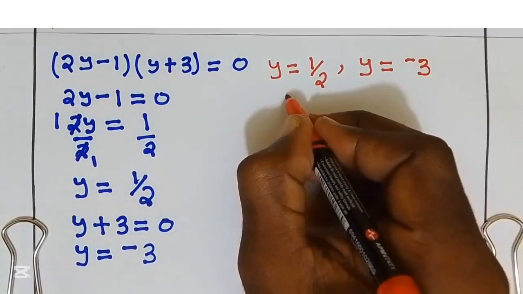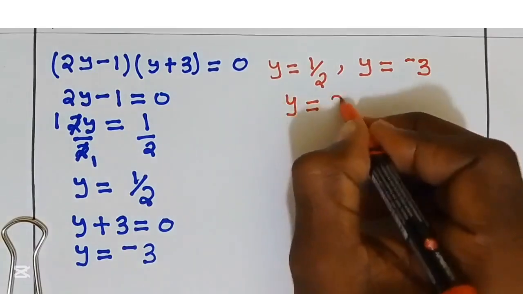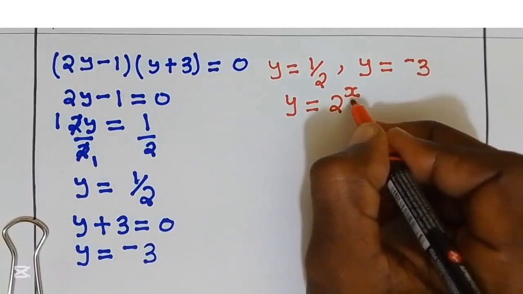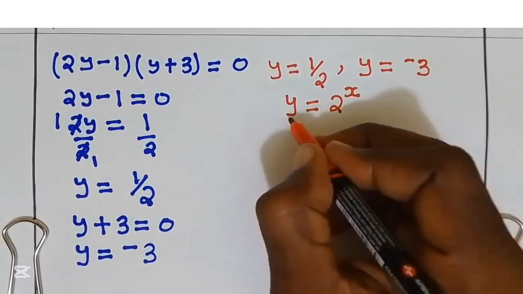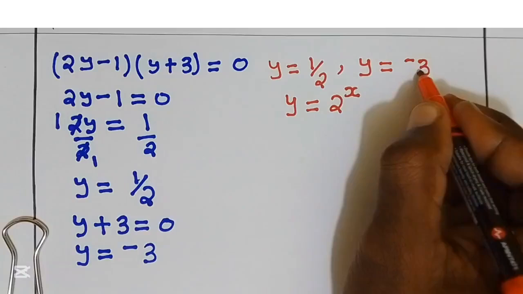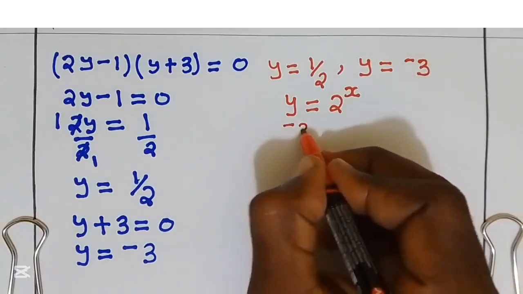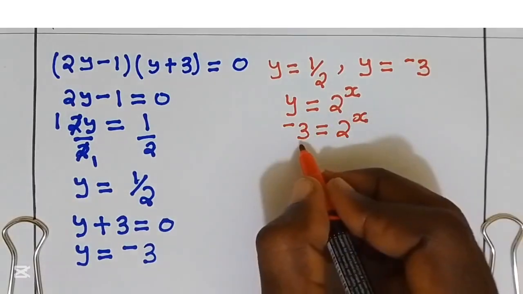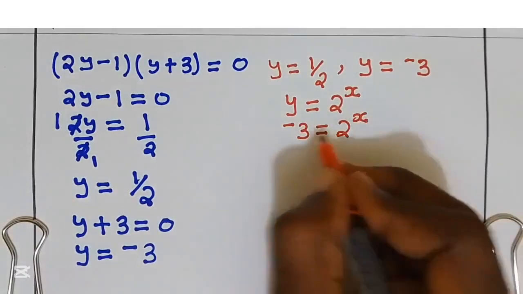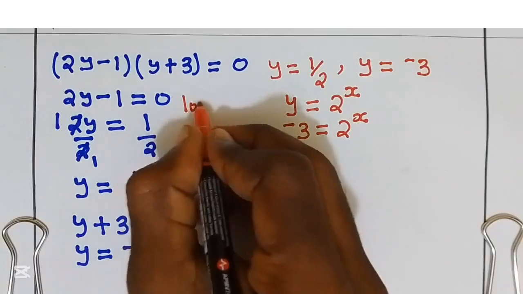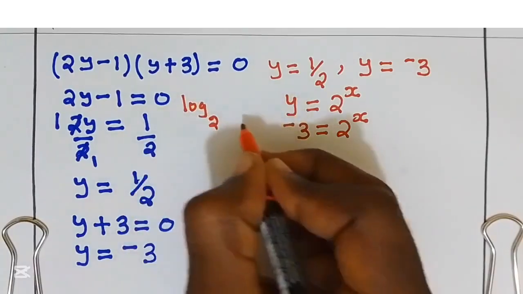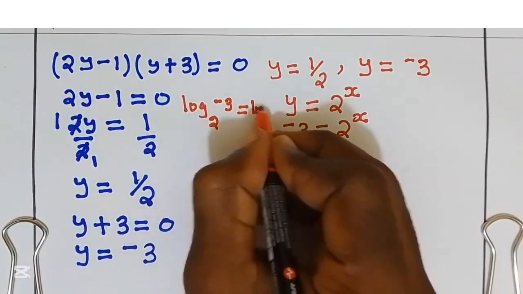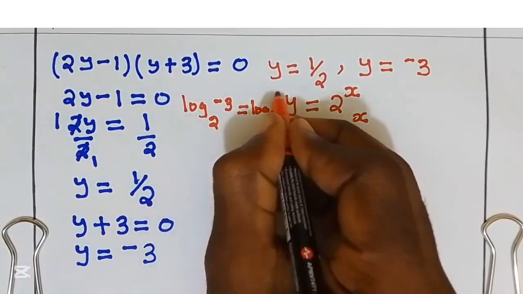But remember, we said y is equal to 2^x. Now let's solve for x. I'm going to substitute y equal to minus 3. Minus 3 is equal to 2^x. I'm going to apply log base 2 on both sides. That is log base 2 of negative 3 equal to log base 2 of 2^x.